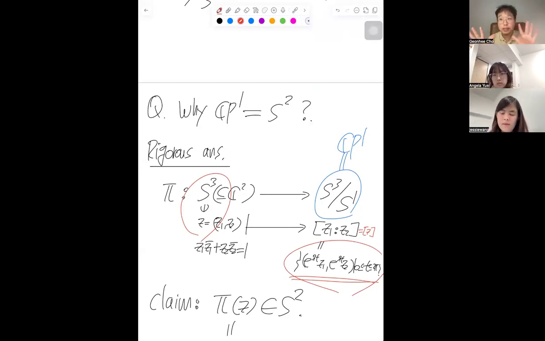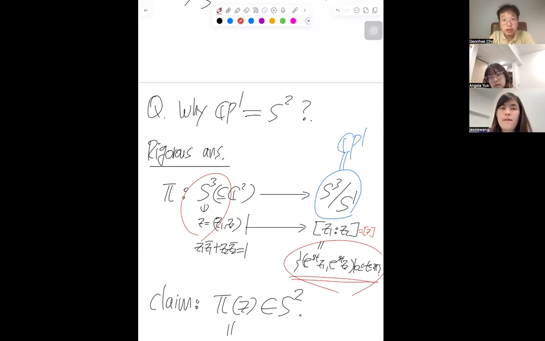So let me repeat again, as this is important. Start from S3, choose an arbitrary point on S3, and consider bracket of z. That means you just rotate along the circle, and you go back. That's the photo of the Hopf fibration. Can you match it with the photo of the Hopf fibration for each of the cycles?